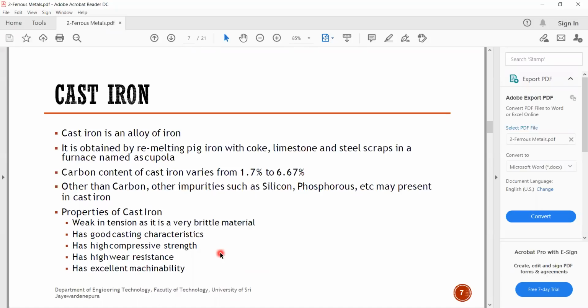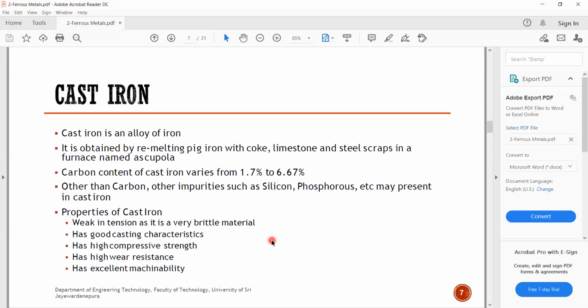So these words: compressive strength, casting characteristic, tension, brittle material, machinability. You have to keep these terms in mind, and then add high or low to these words for each and every metal. These five are casting characteristic, machinability, weldability, brittle material, wear resistance.